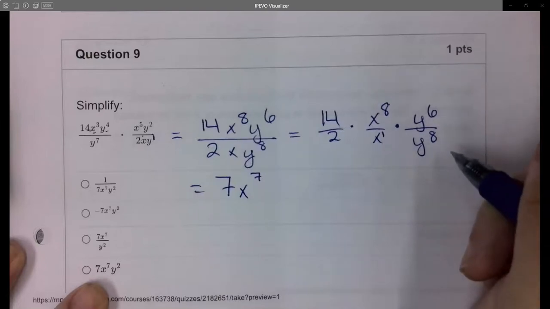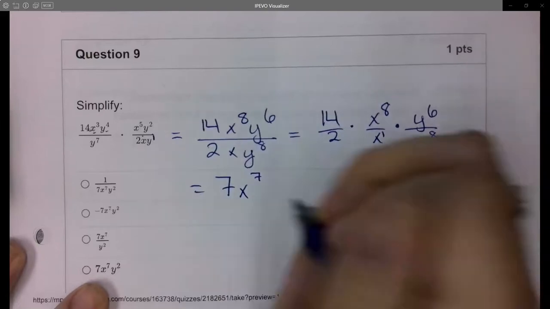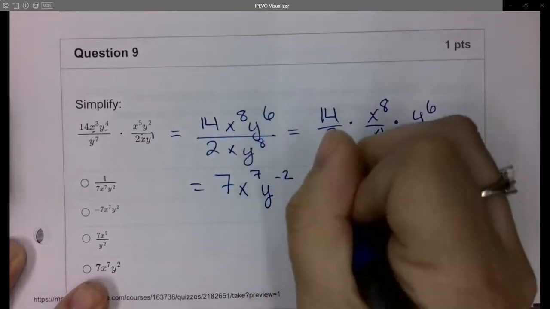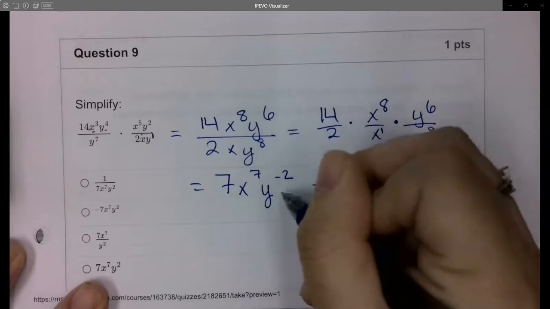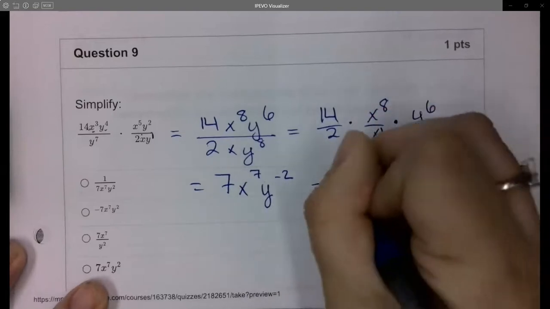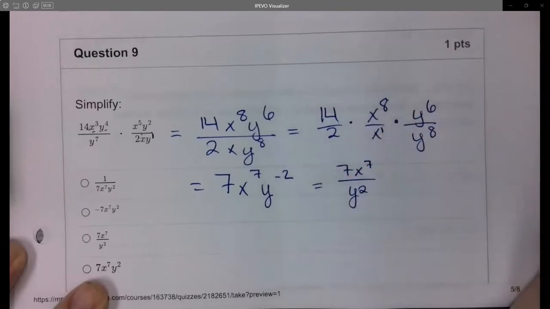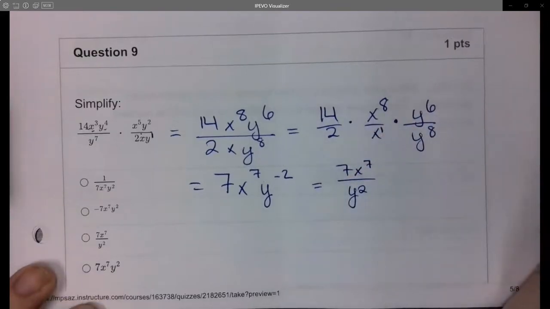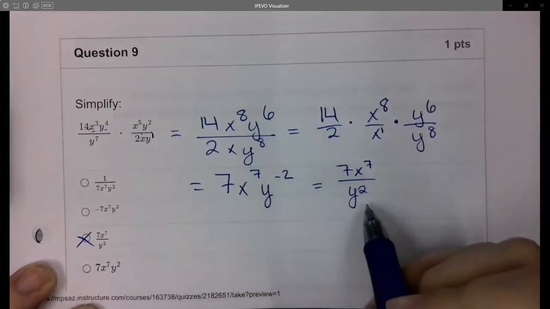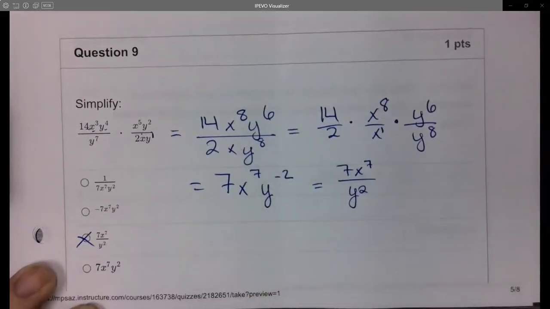Over here, I have y to the 6 over y to the 8th. I subtract my exponents, and this gets me negative 2. Remember, when I have a negative exponent, only the part with the negative exponent moves to the bottom and creates a fraction. So I'm going to have 7x to the 7 over y squared for my final answer. Also remember, when it moves to the bottom, it becomes positive.